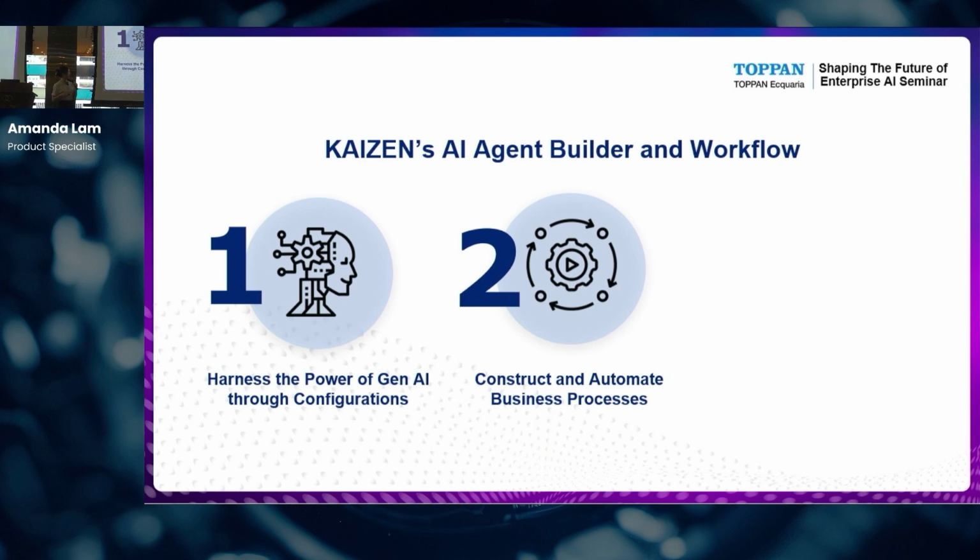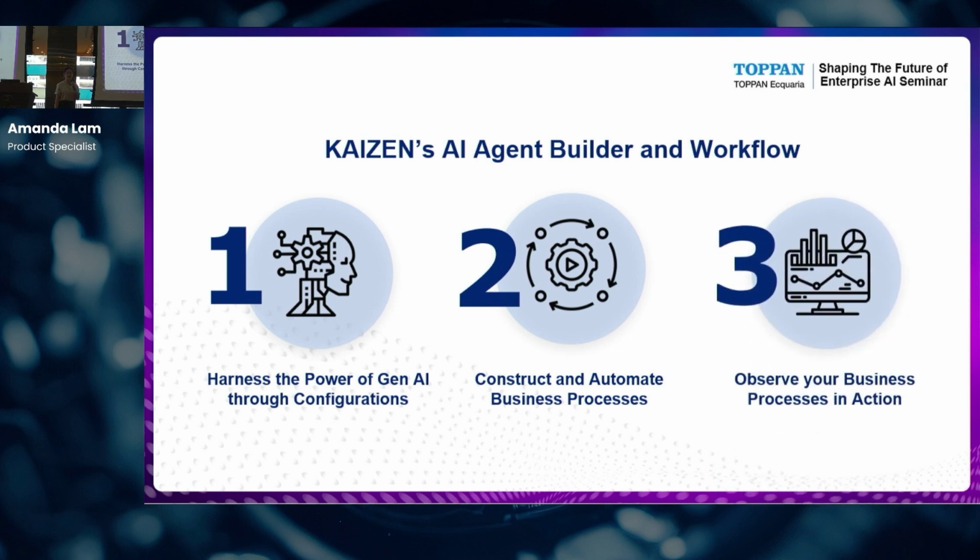Which brings me to my second point on how you can construct and automate your business processes by integrating with microservices, AI models, even user tasks as well through the workflow that you have seen. And last but not least, the observability portion is how you can observe your business processes in action.